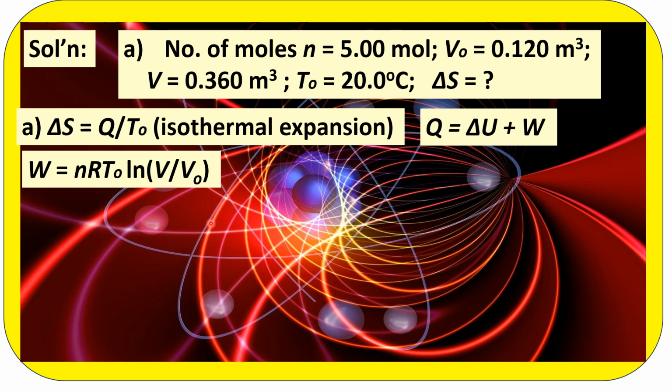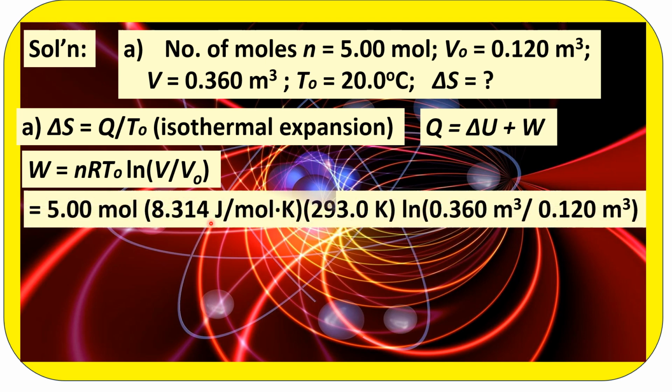So plugging in the given quantities to this formula, we get 5.00 moles times the gas constant 8.314 joules per mole Kelvin, then multiplied by the equivalent temperature in Kelvin of T naught, which is 20.0 degrees Celsius, that is 293.0 Kelvin.